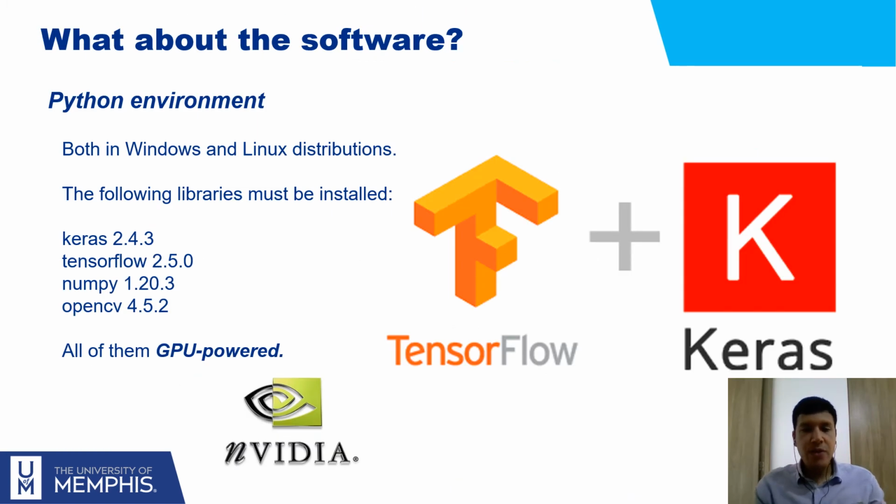All right, what about the software? We can implement all these models in Python. These models are complex, we already know this, but if we want to make a rapid implementation and test something, we can use libraries like Keras, TensorFlow, NumPy, OpenCV, all Python libraries that are open access. We can just use them.